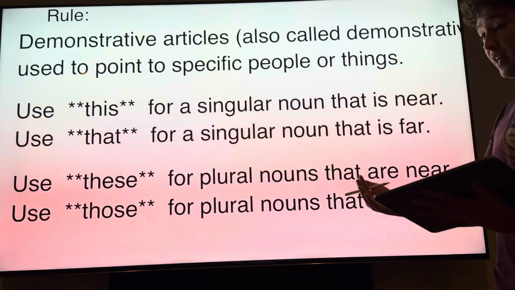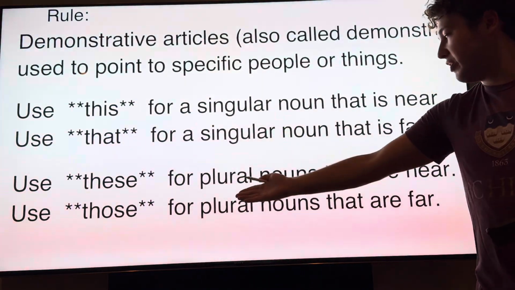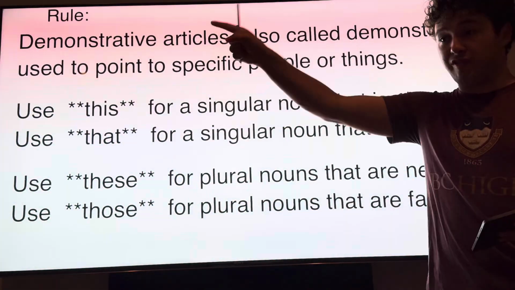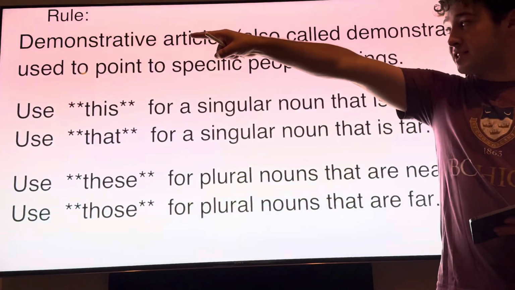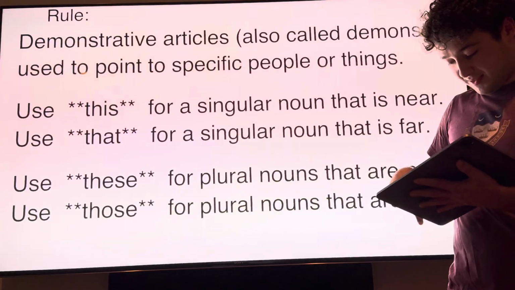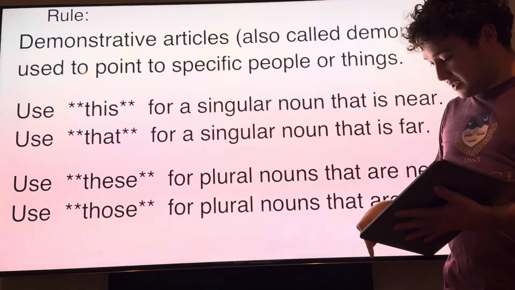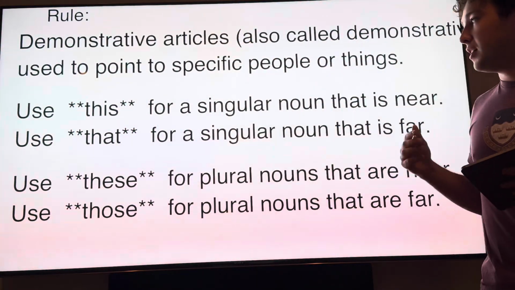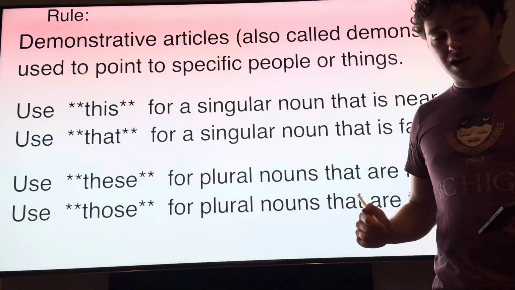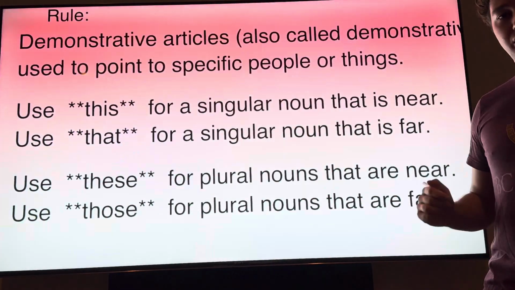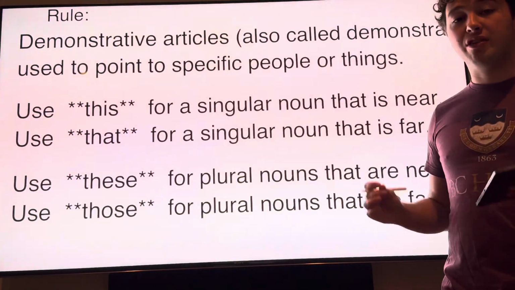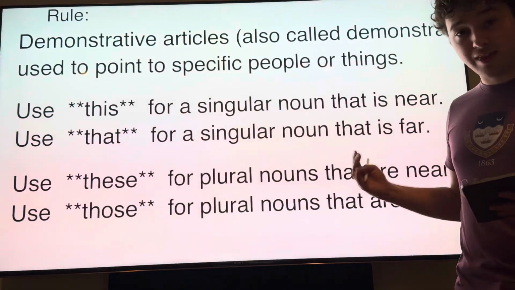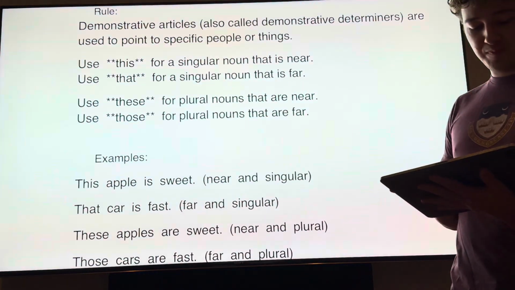These is for a noun that is near, and those is for a plural noun that is far. This is singular near, that is singular far, these is plural near, and those is plural far. That's it. Those are the only rules.